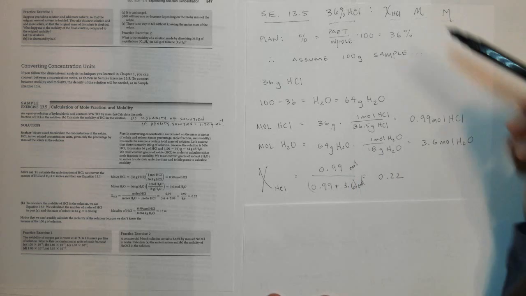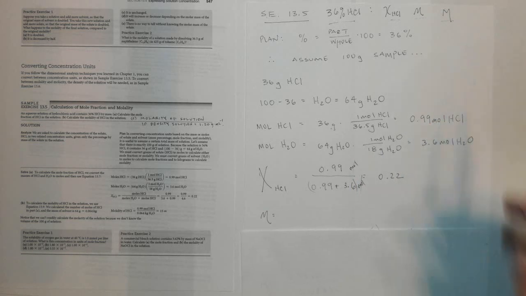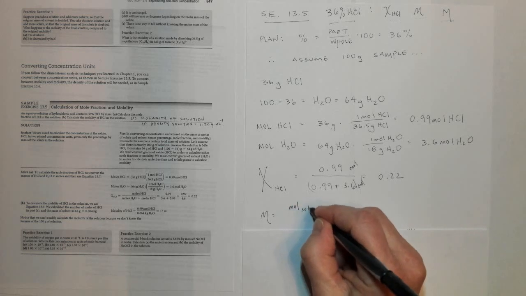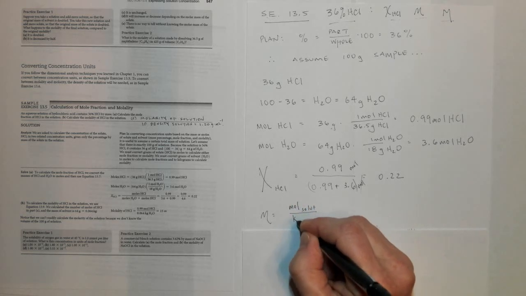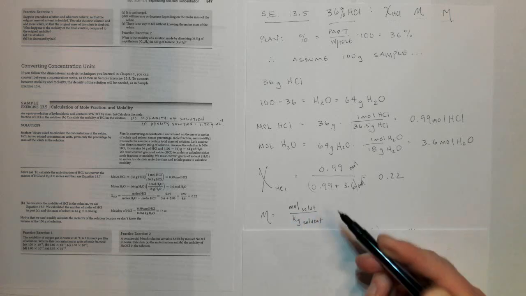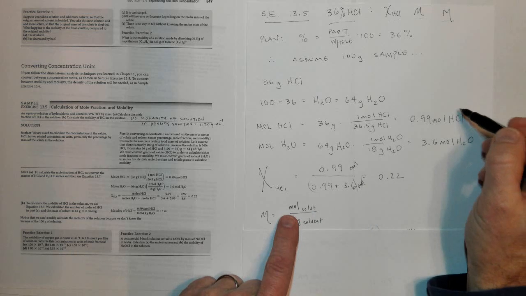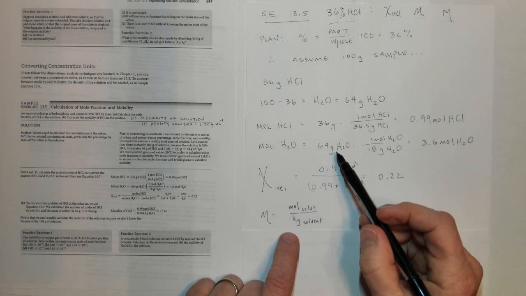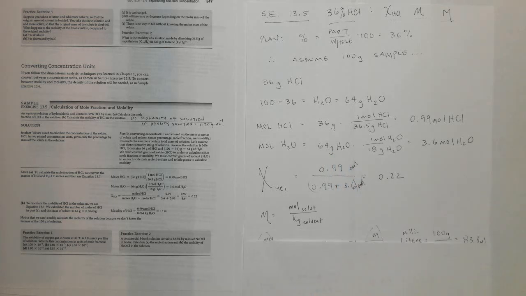The second one is to find molality. Molality, remember, is equal to moles of solute divided by kilograms of solvent. We know the moles of solute is 0.99 HCl, and we know our solvent is 64 grams.